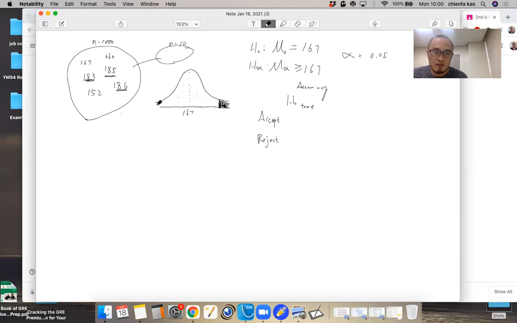Because if you keep selecting data, 95% of the time, because this is 5%, right, you're going to find it here, you're going to find it here. It will be true. It will be 167. So if you accept that the null hypothesis is true, then great, because it is true, because we're assuming that this is the average height, and then we select data, and 95% of the time it will fall within this white region, and it's true. However, you will reject it even though it is true.